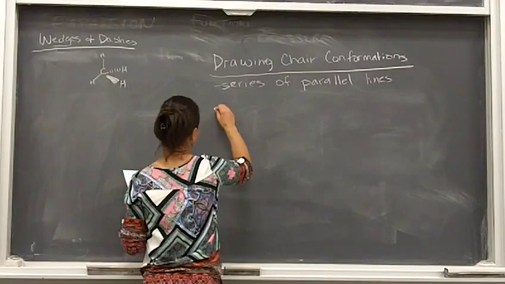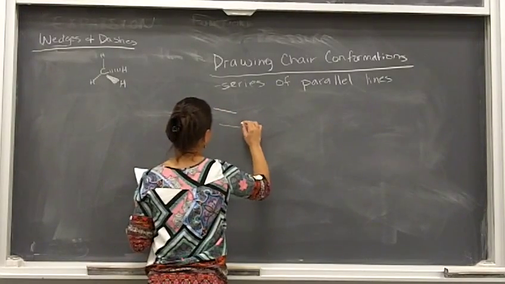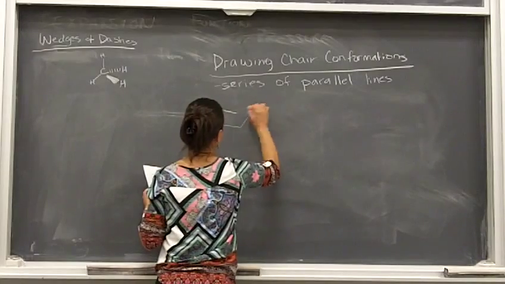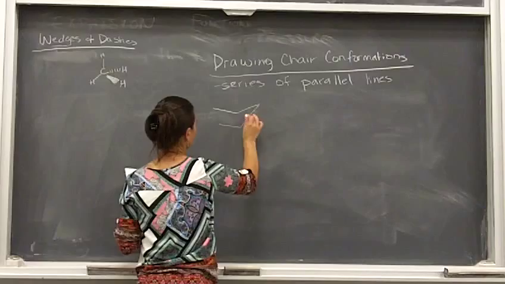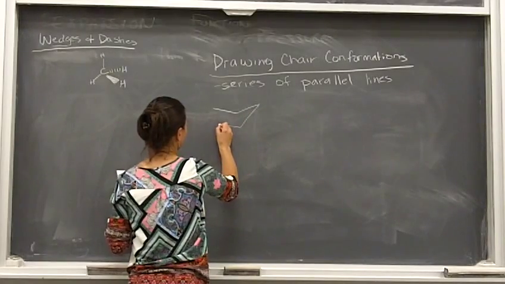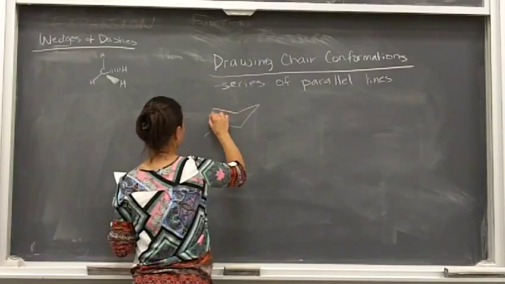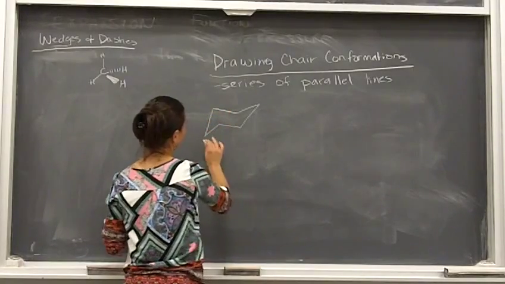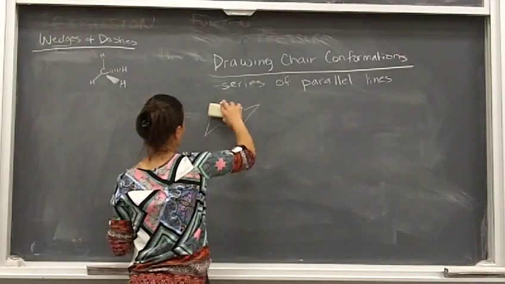And so kind of this direction's chair. We want to make this line and this line parallel, then we want this line and this line parallel, and that line and that line parallel. We've got a little pointy here.